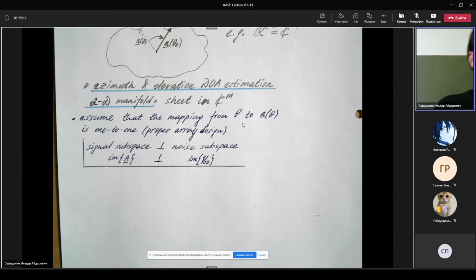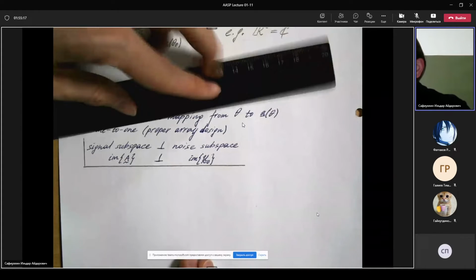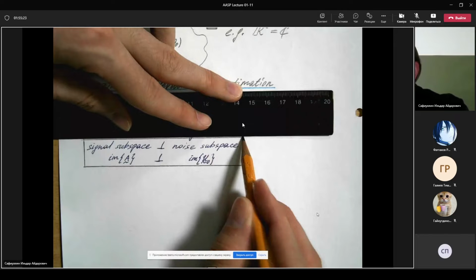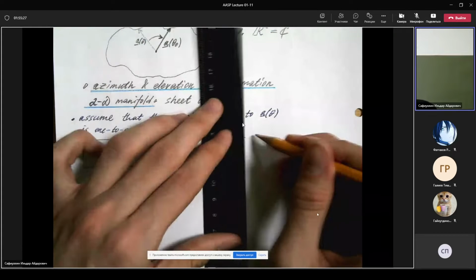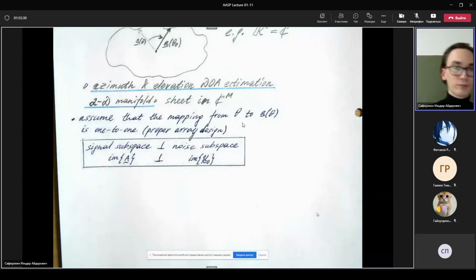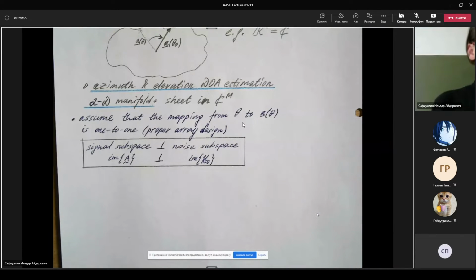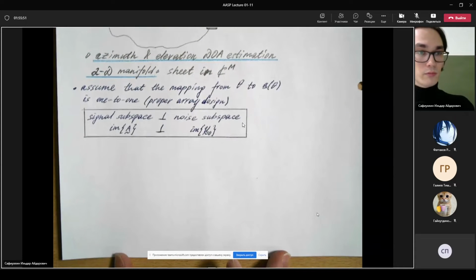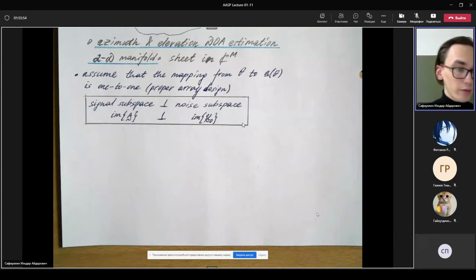And then we will go to the direction of arrival estimation for spectral MUSIC algorithm. So, direction of arrival estimation.